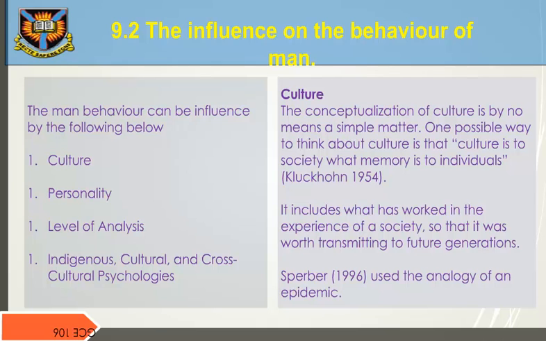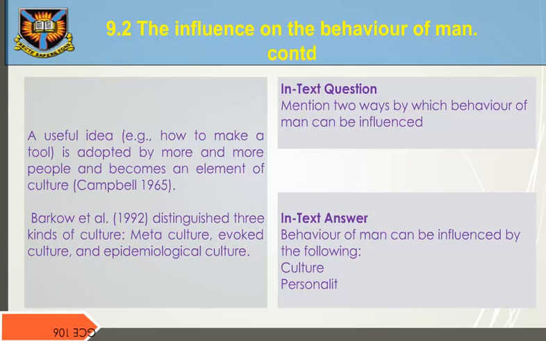Sperber, 1996, used the analogy of an epidemic. A useful idea, for example, how to make a tool, is passed on by more and more people and becomes an element of culture. Bakalov and others in 1992 distinguished three kinds of culture: metaculture, evoked culture, and epidemiological culture.